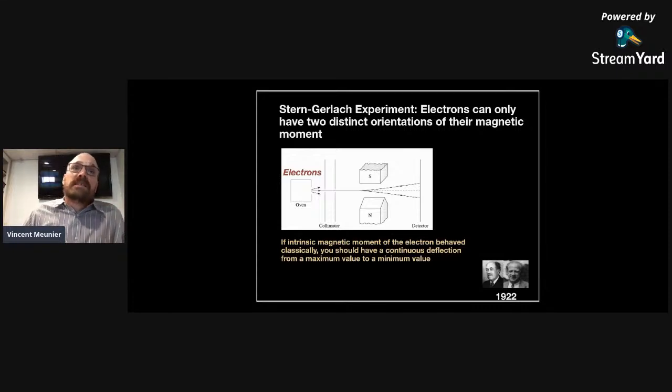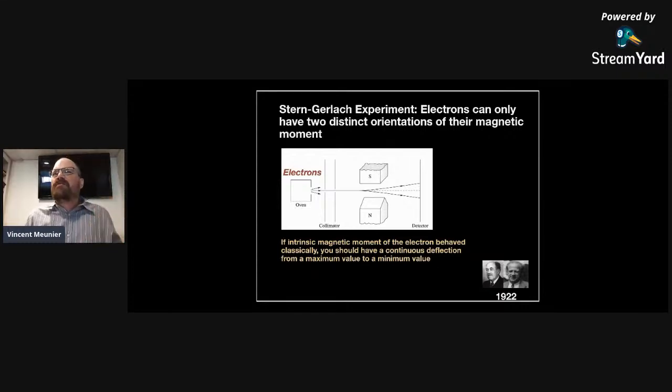The point is that if you have a classical magnetic moment, the deflection is going to be proportional to the projection of that moment, which is a vector, on the magnetic field. So there will be a maximum deflection because the moment has a certain value, but in principle it should be continuous between a maximum and a minimum deflection.